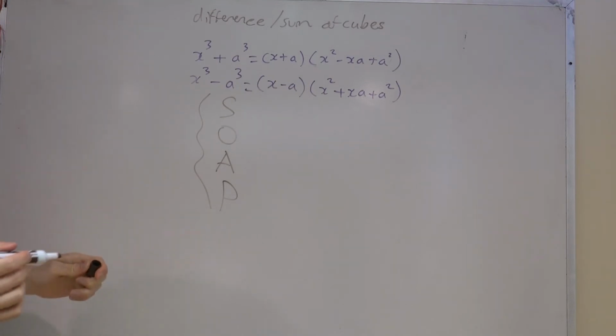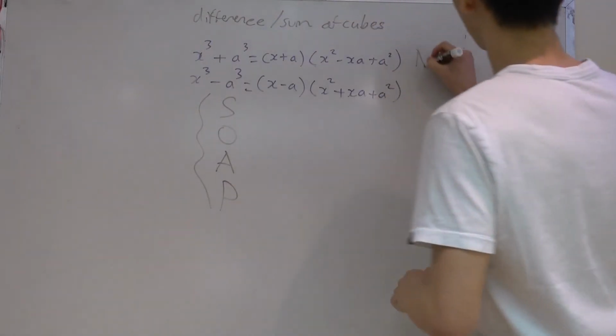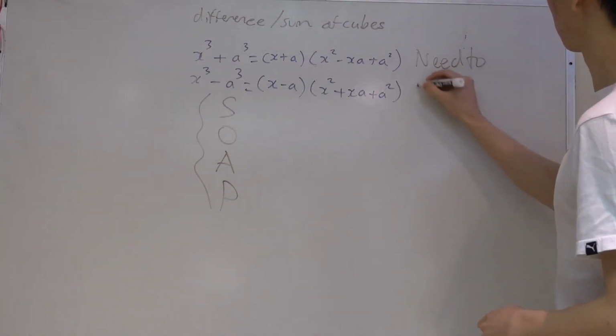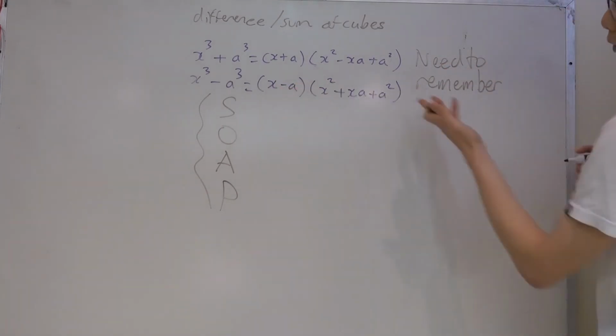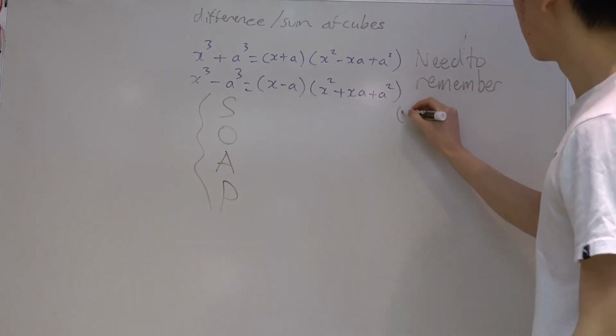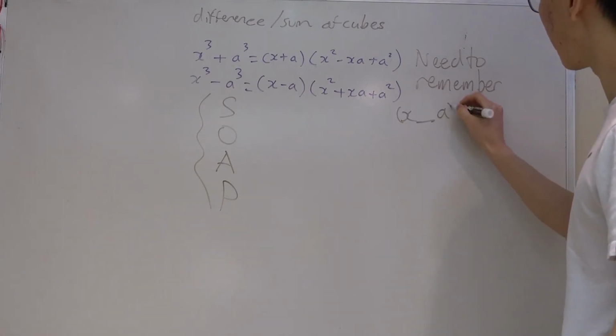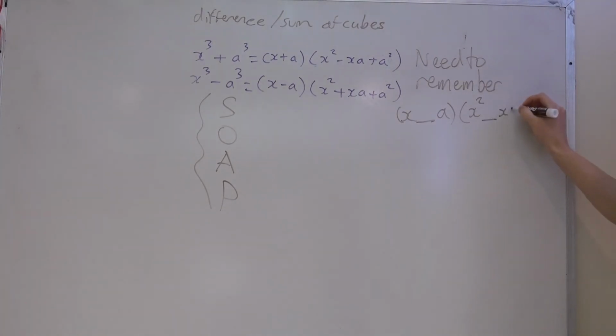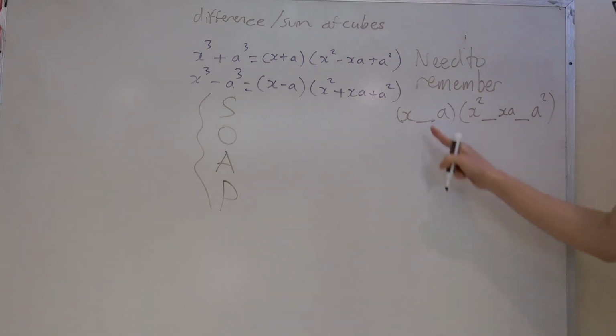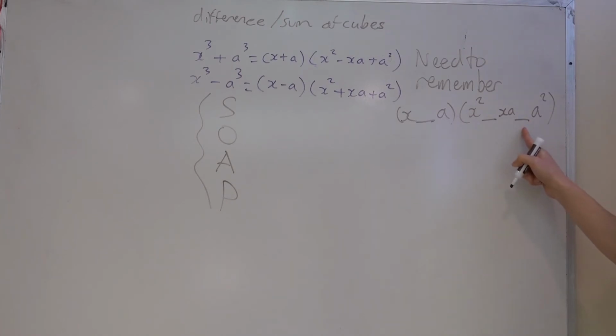So what this means is that you need to remember the form. You need to remember that it looks like x something a times x squared something xa something a squared. Okay? This is what you really need to remember. SOAP will tell you what to fill in for each of these blanks.